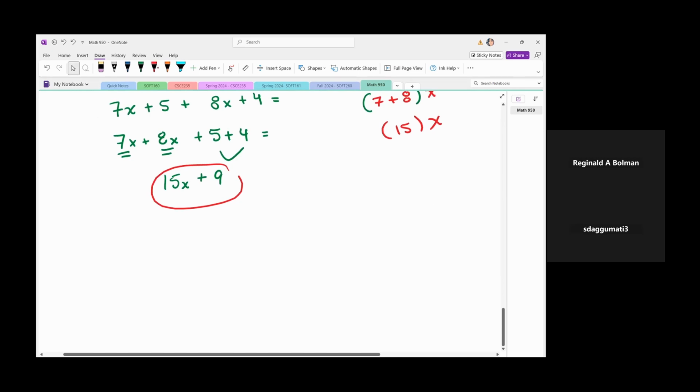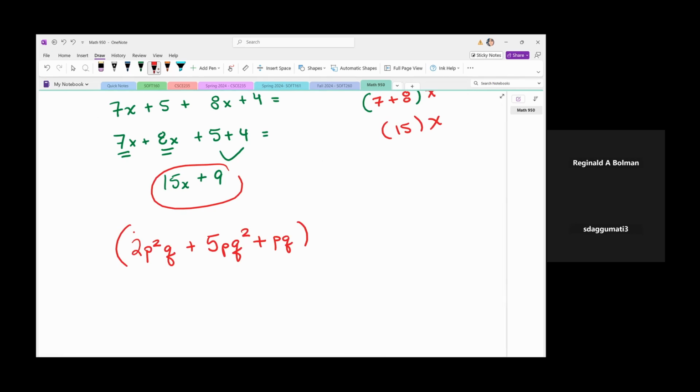Now, let's go ahead and see if we can add polynomials that are a little bit more complicated, because we should have been able to do this coming in from, say, Math 900 or our lower level algebra courses. But suppose that you're given some sort of nasty polynomial expression such as 7p squared q plus 5pq squared plus pq, and we're maybe adding it with 3p squared q plus 9pq squared minus 6pq.